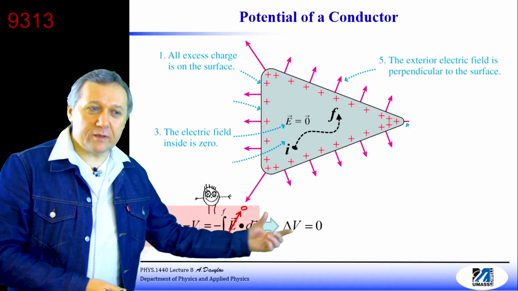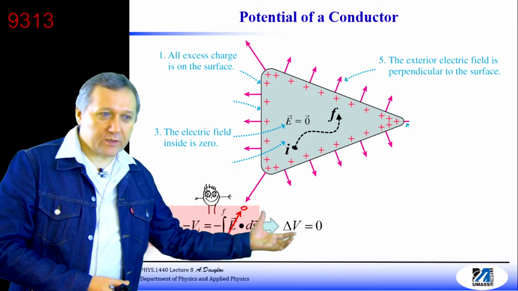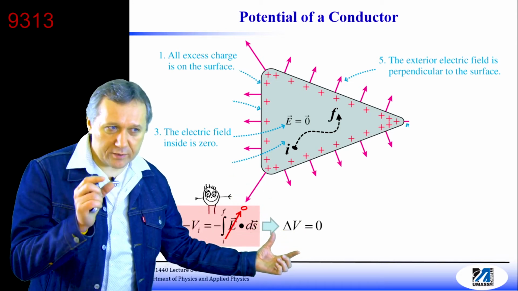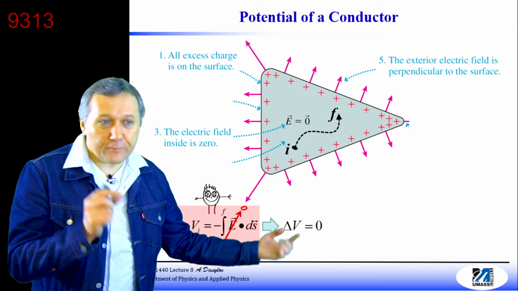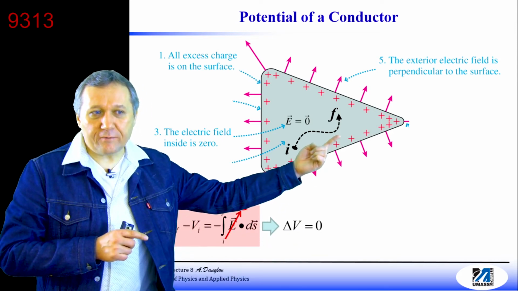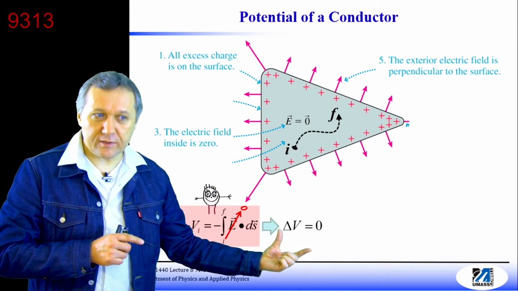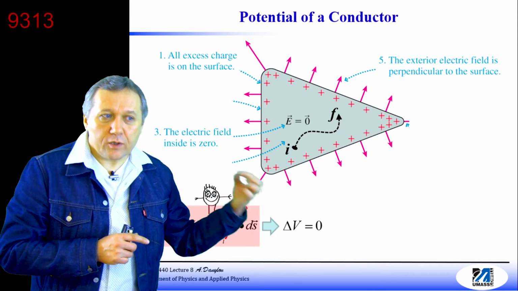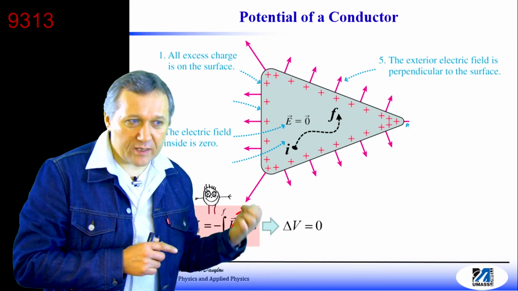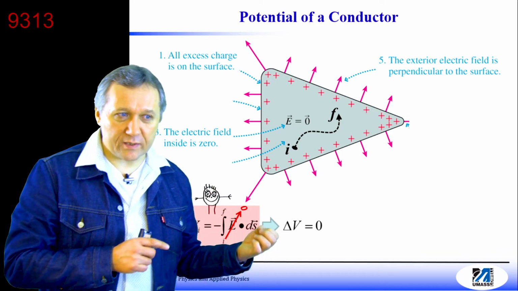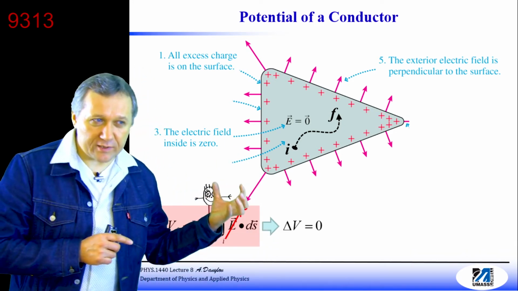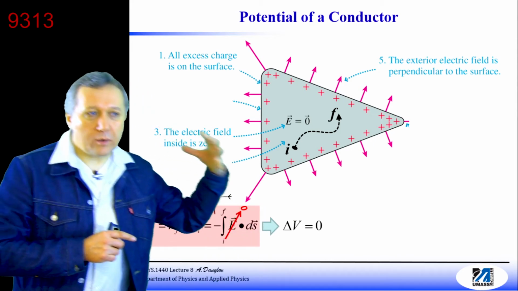We came to this conclusion that delta V equals 0. If, for example, the final point is at 5 volts and the initial is at 5 volts, we're still getting 0. Delta V is 0. So the most general statement that we can make at this point is that the electric potential inside of the conductor is constant.